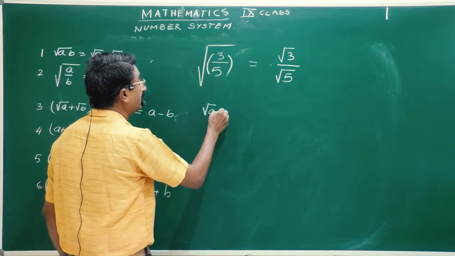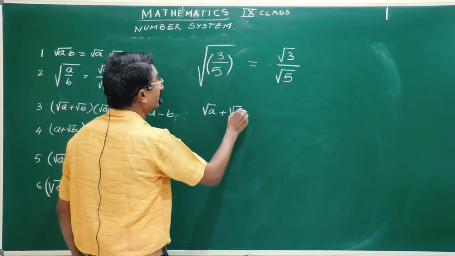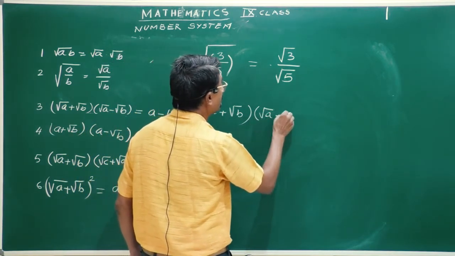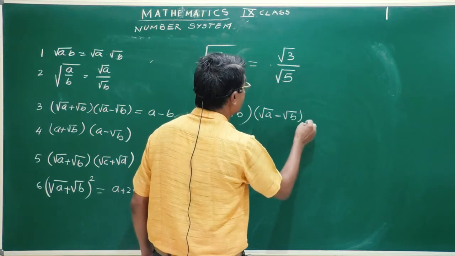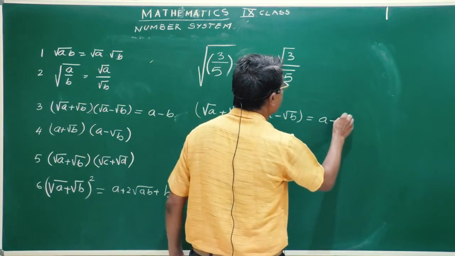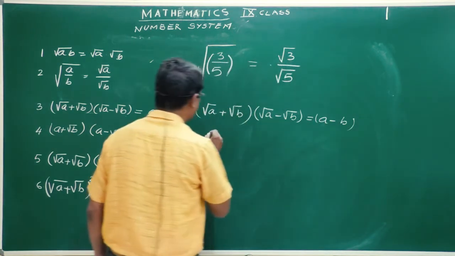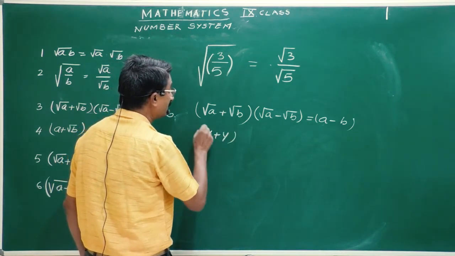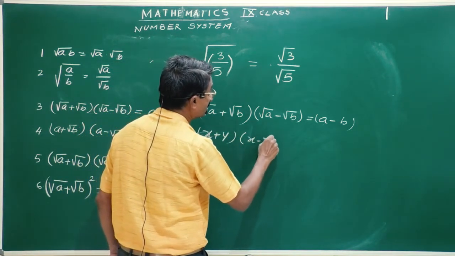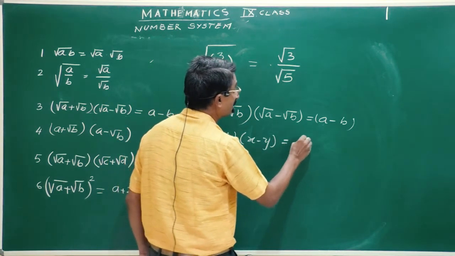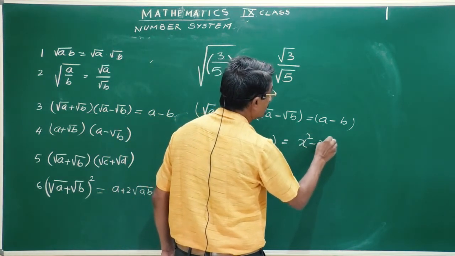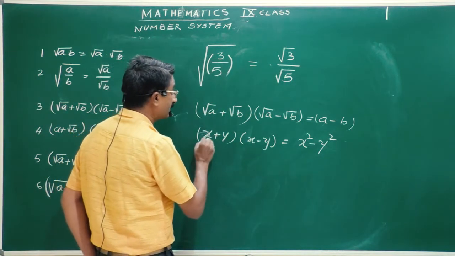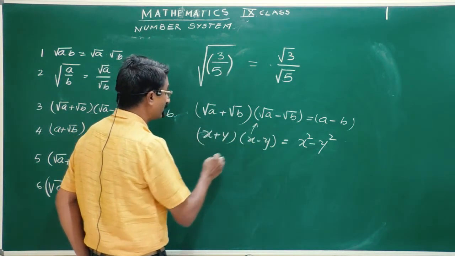Here, under root A plus under root B into under root A minus under root B is equal to A minus B. We know the identity x plus y into x minus y, which is equal to x square minus y square. So that's why this identity can be proved.